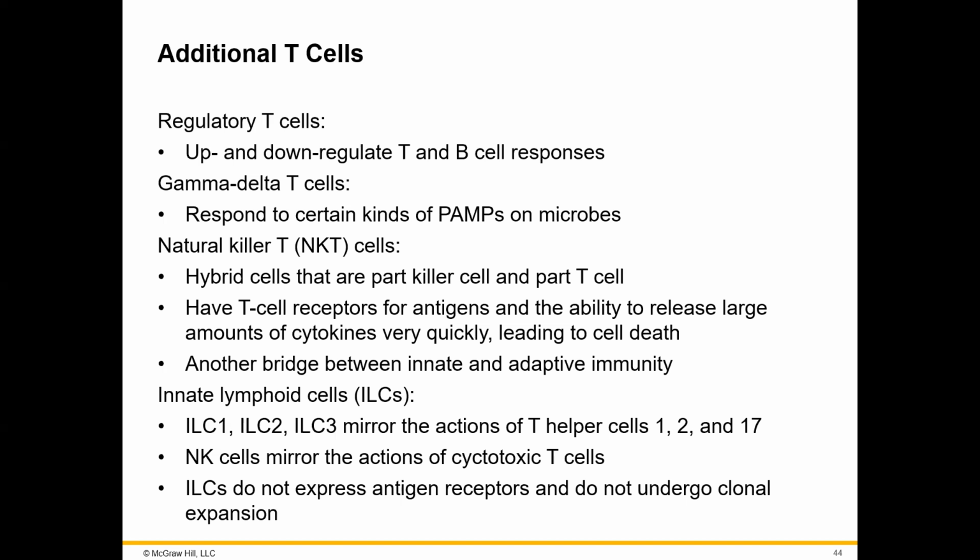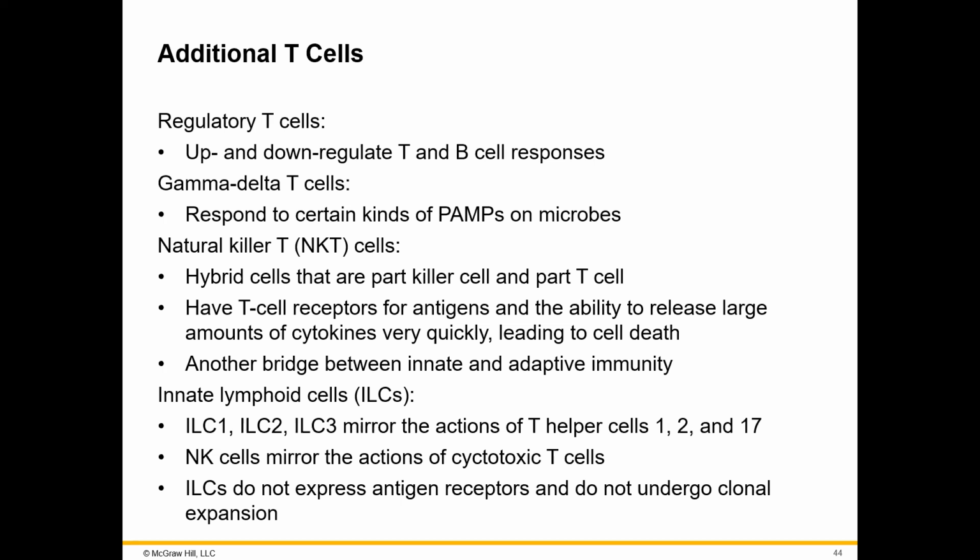And finally, we look at innate lymphoid cells, or ILCs. There are 4 types: ILC 1, 2, 3, and the NK, or natural killer cells. Scientists have found that the ILCs, the innate lymphoid cells 1, 2, and 3, mirror the actions of T helper cells 1, 2, and 17.